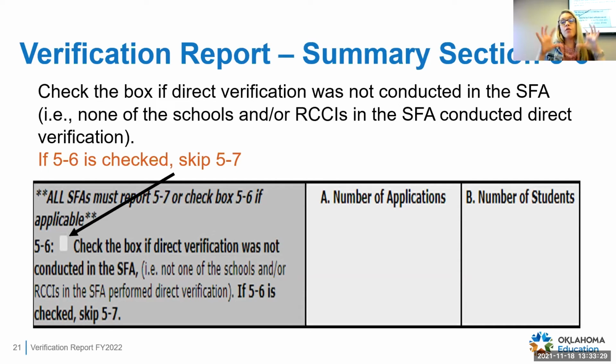That's direct verification. It is not direct certification. So direct verification is only done during the verification process. It is only done when you have an application that you selected for verification that has a SNAP, TANF, or FDPIR number on there, and then you contact the state agency or the tribe and ask if they're still receiving those benefits.